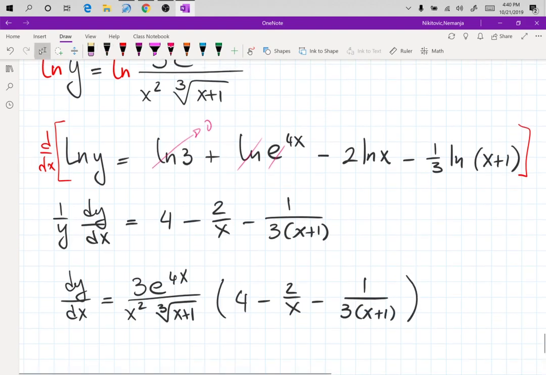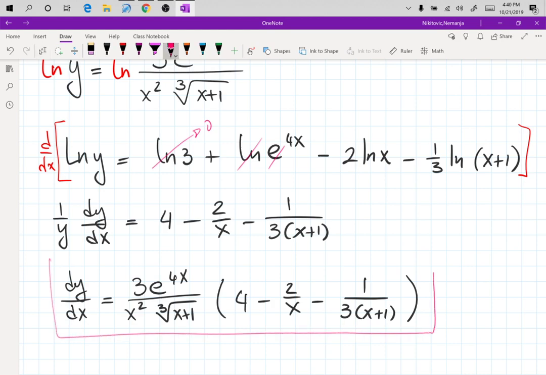And that's it. That will be the answer. So ln and e would cancel up there, and that's the term that would not have ln in it, which is why we're getting this 4 as a constant there when you take the derivative of 4x.